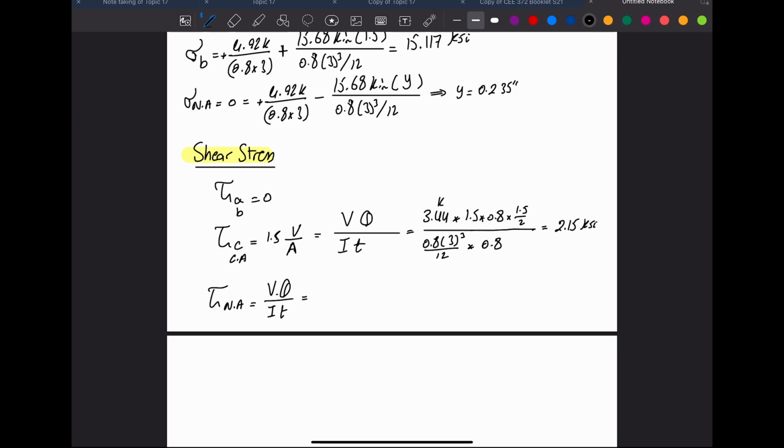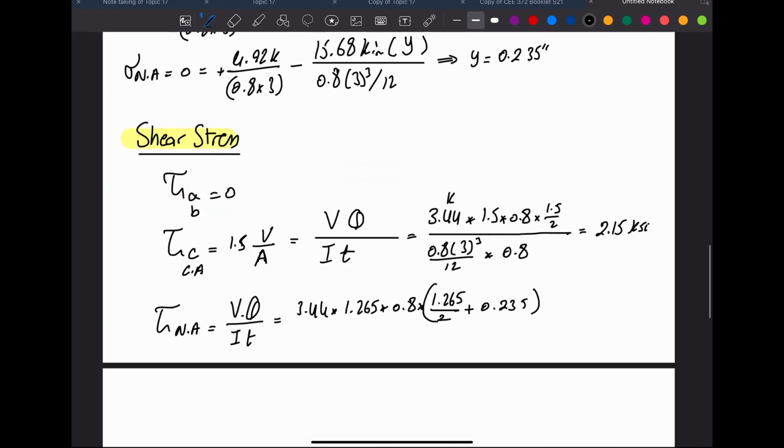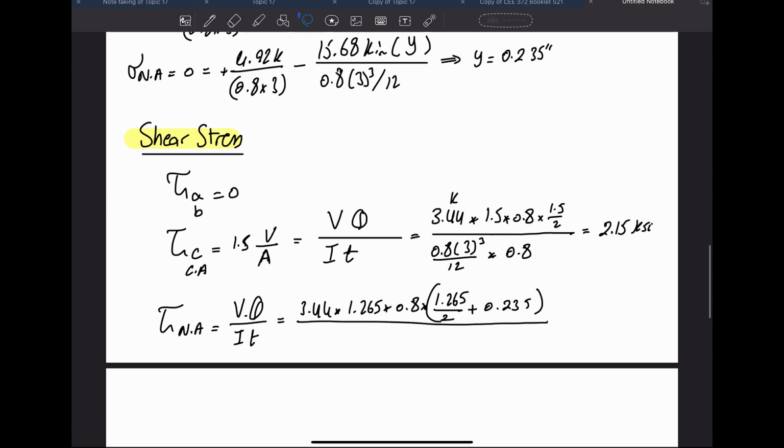So I'm going to say 3.44 times 1.265 times 0.8 times 1.265 over 2 plus, is it plus 0.235? My bad. Okay, over the moment of inertia, and the thickness is the same.